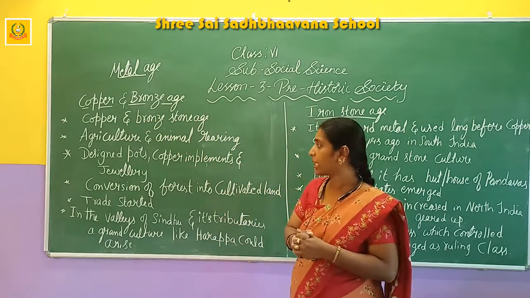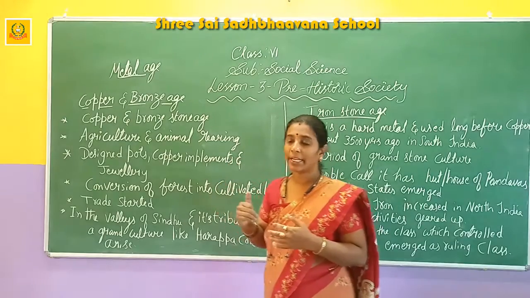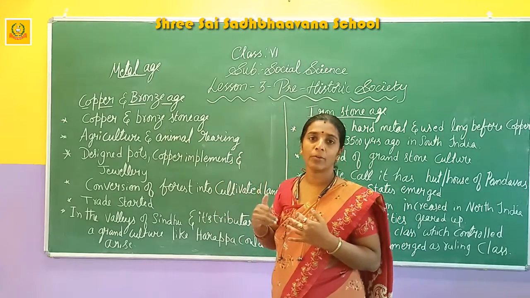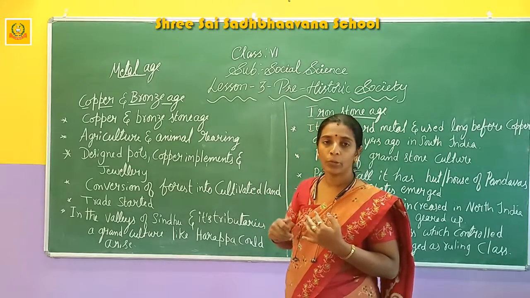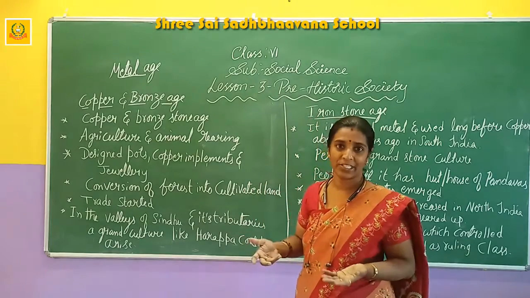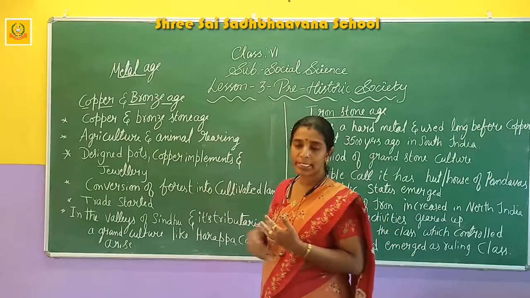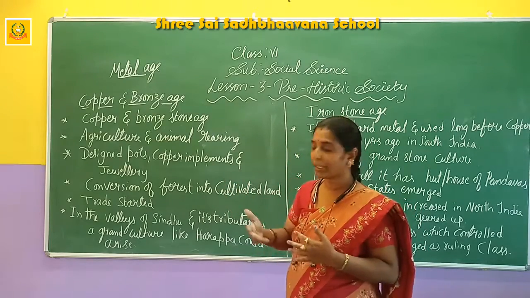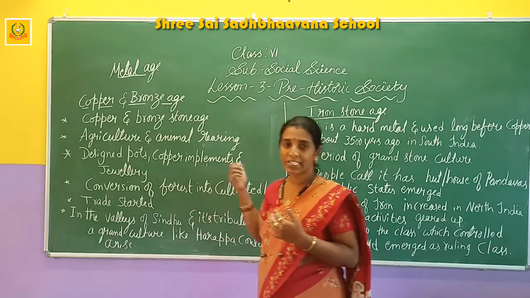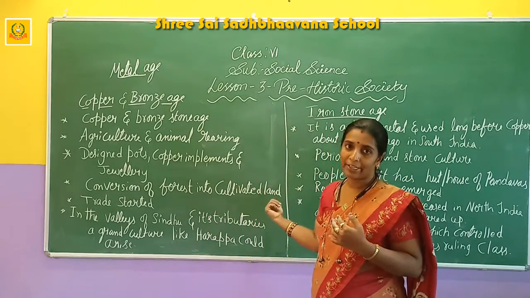Next, children, these people started using bronze and stone tools or implements to do deep agriculture. When they used these implements, it helped them to convert the forest area into cultivated land.